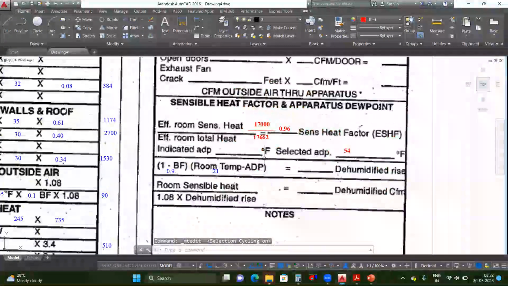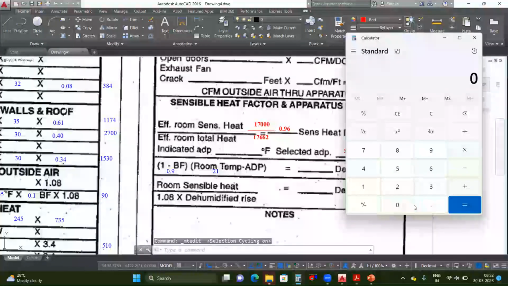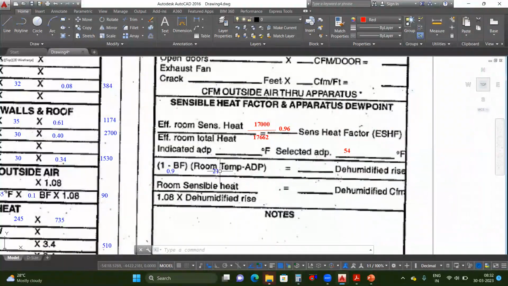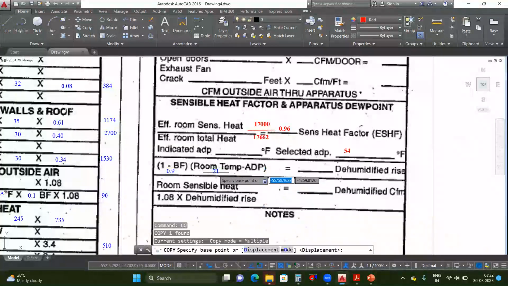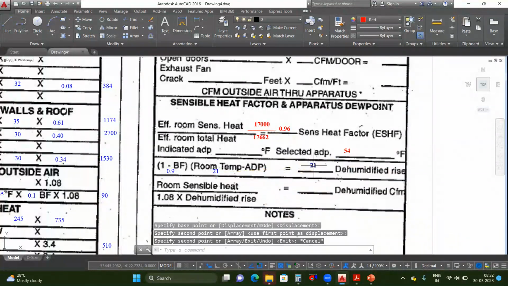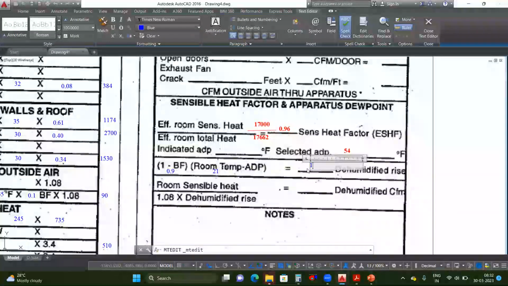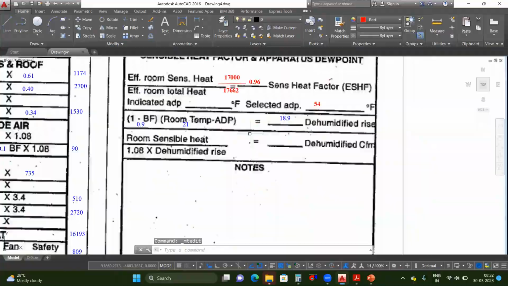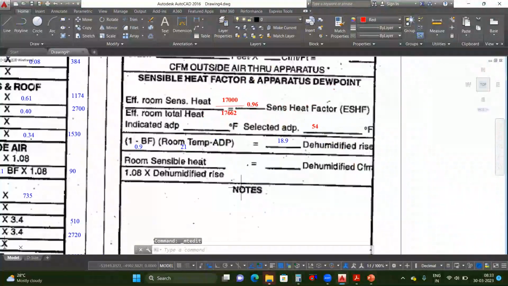So when we multiply this 0.9 into 21, we will get dehumidified rise, that is 18.9. So 18.9 is dehumidified rise. Okay, so next is the final formula to calculate the sensible heat.